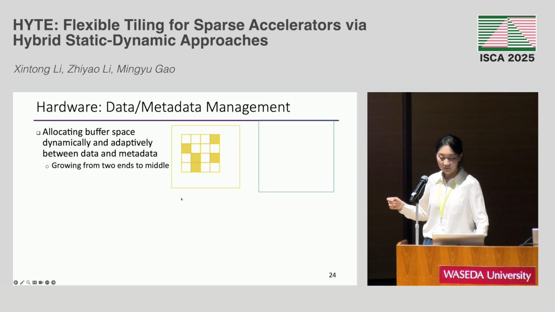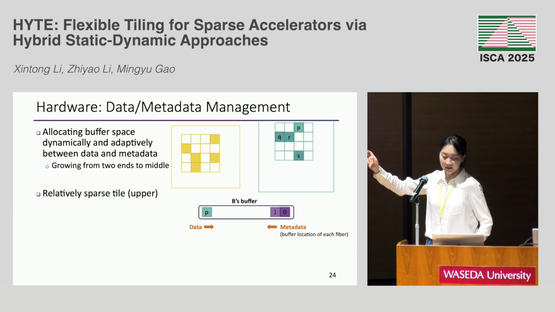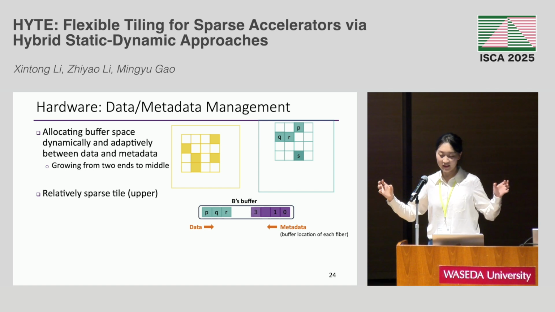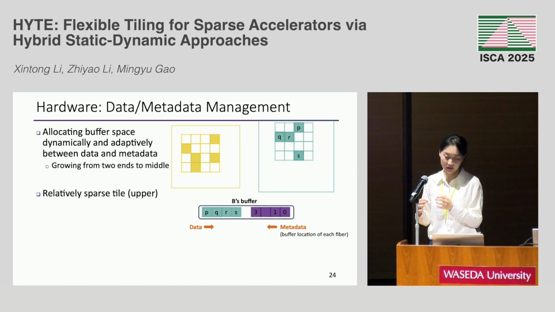To flexibly allocate buffer space between metadata and data, we use a dual-end growth buffer manager, which means the begin addresses of the data and metadata are from the top and bottom respectively and increase toward the middle. This approach ensures high buffer utilization regardless of the ratio between data and metadata.